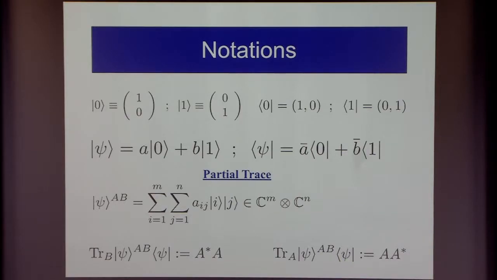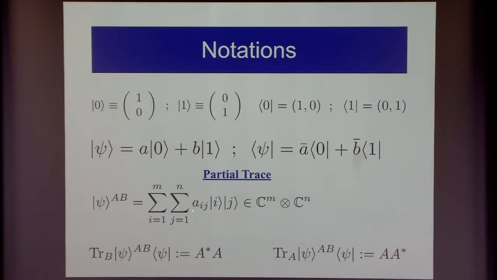Now we're saying that a state, Shmuel today talked about entangled states. An entangled state is any state that is not a product, if it's a vector. So here we have this vector. I'll be talking only about vectors, rank 1 matrices. A product is not entangled, but anything else is entangled.